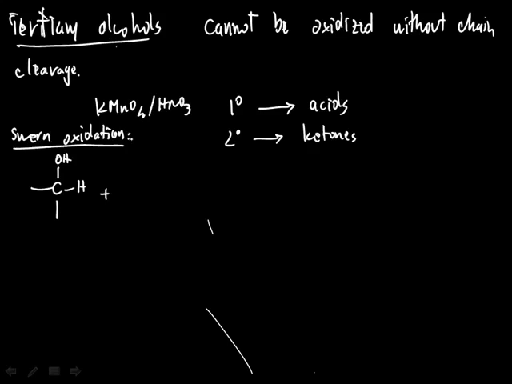So this oxidation uses some interesting reagents. This is dimethyl sulfoxide. It's a common solvent that you've seen used in SN2 reactions because it's a good polar aprotic solvent, and then it uses this compound known as oxalyl chloride.